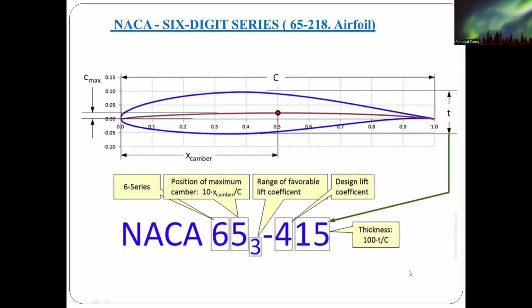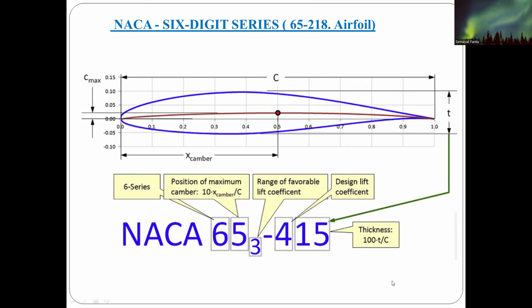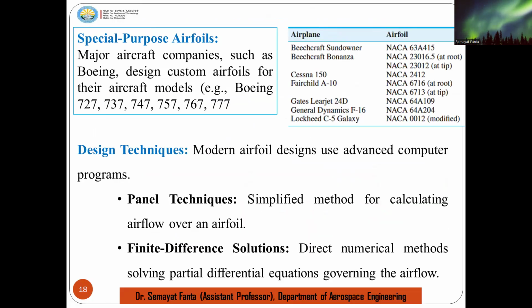So the first 6 indicates series, the next 5 indicates position of maximum camber, the 3 indicates range of favorable lift coefficient, the 4 is design lift coefficient, and the last 2 digits are the thickness of the aerofoil. Okay, so this is the NACA 6-digit representation.